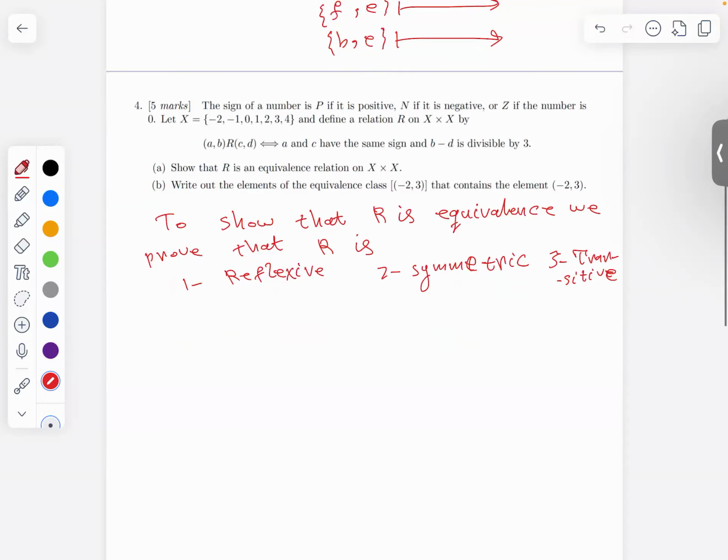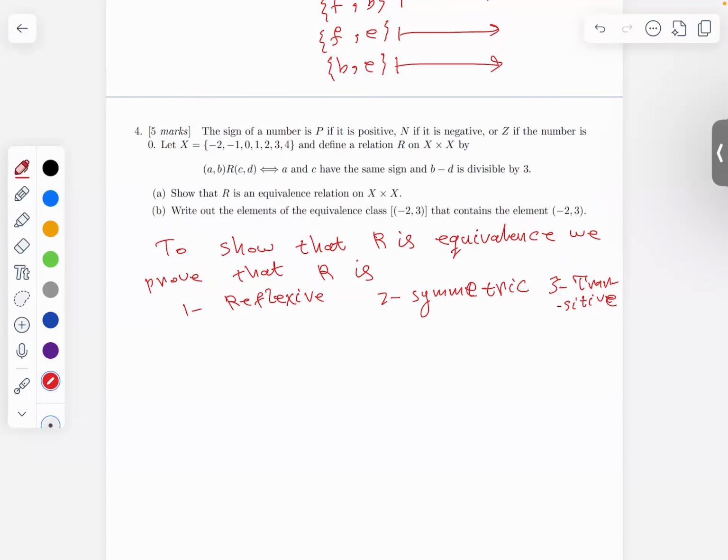So R, X, all possible. What's X times X? It's X times these, any pairs coming from this set. -2, -2, -2, -1, -2, 4.